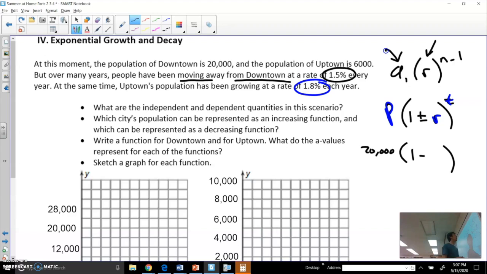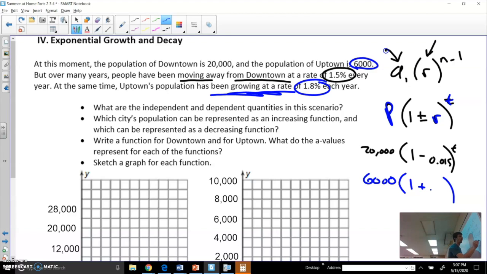So divide that by 100, and that would be 0.015, raised to the t. Using the second equation, it says that their population started at 6,000 and was actually growing at a rate of 1.8%. And so we want to, again, divide that by 100, and that is 0.018. And then you want the time.